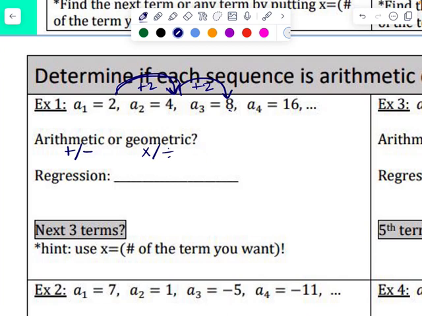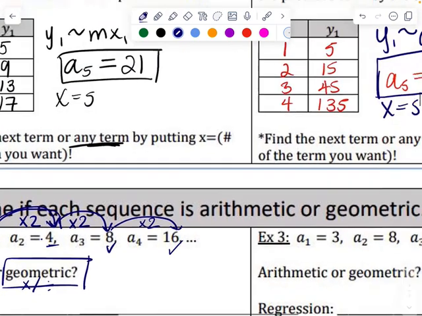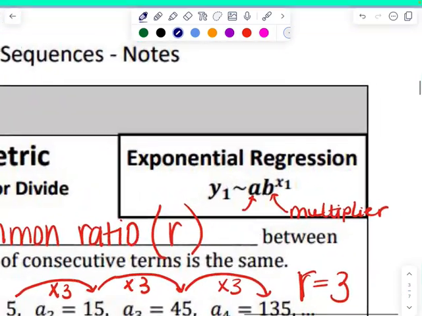That doesn't get me 8. So another way I could go from 2 to 4, I could multiply times 2. And if I multiply 4 times 2, yes, that's going to get me 8. And it keeps working here. It gets me 16. So I know this is geometric, which means I'm going to use exponential regression.